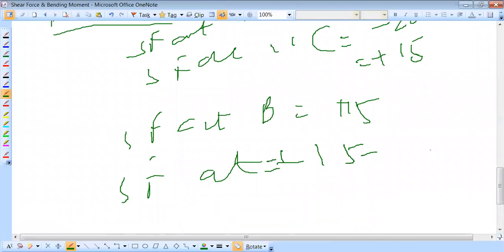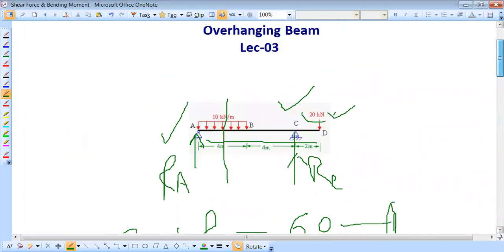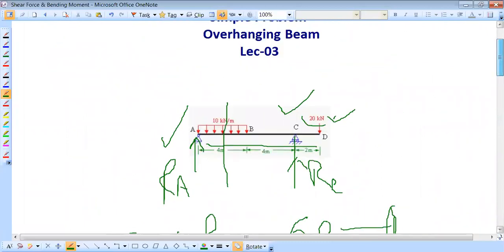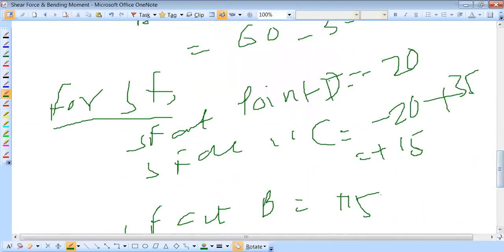Minus of how much? See the figure, minus of 10 into 40, minus 40. Then this one is equal to how much?